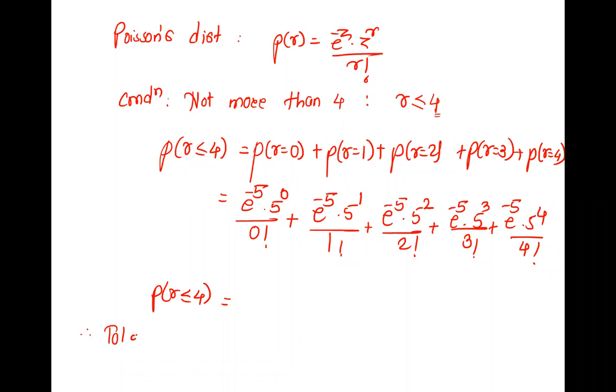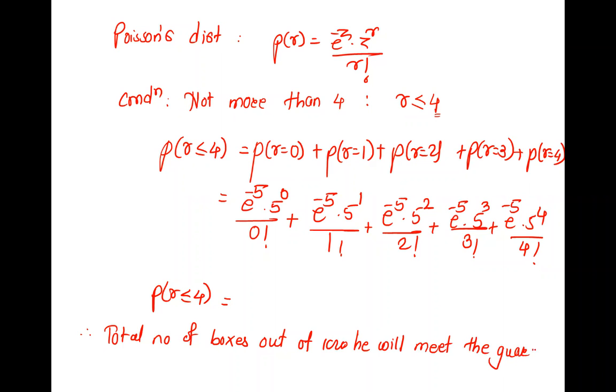Therefore, total number of boxes out of 1,000 that will meet the guaranteed quantity, meaning not more than 4, is equal to N into probability of R, that is 1,000 into the probability of not more than 4. We are finding it.